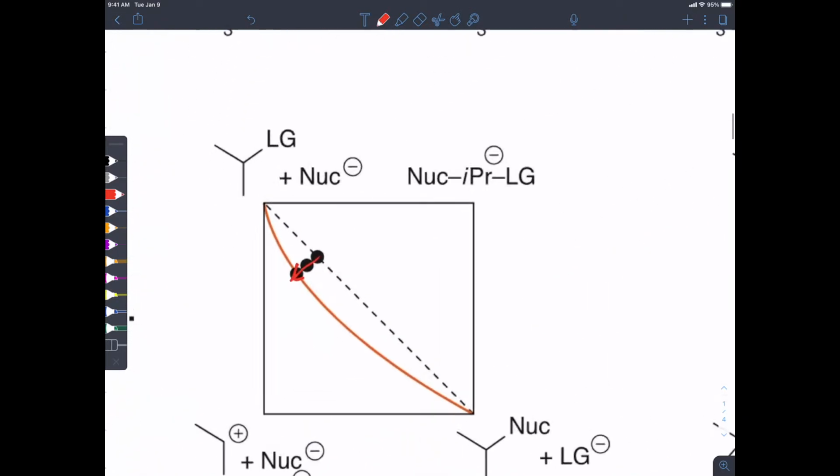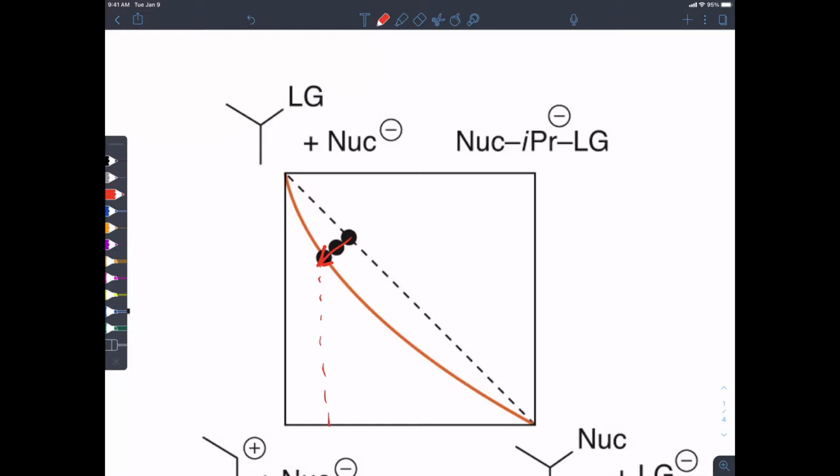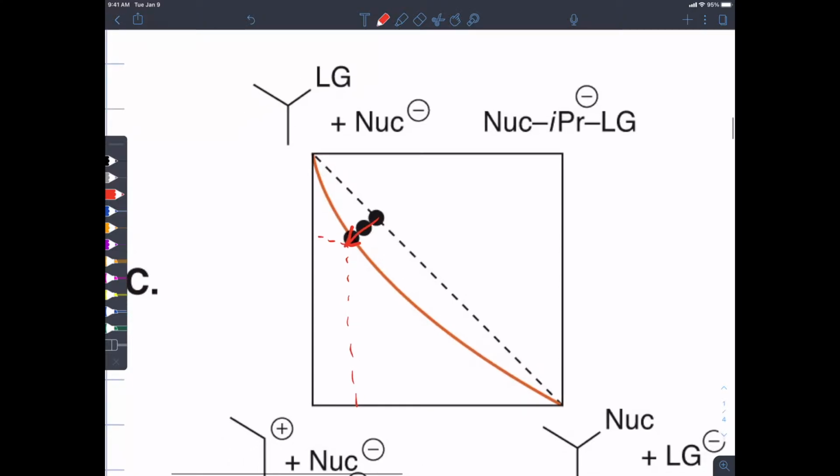And if you look at what that does in terms of reaction coordinate, this transition state goes to more leaving group leaves than it used to be, right? We're moving from here to here. This is where we were before for the methyl leaving group. Now we're at the secondary leaving group. We have more leaving group leaves, and we have less nucleophilic attack.